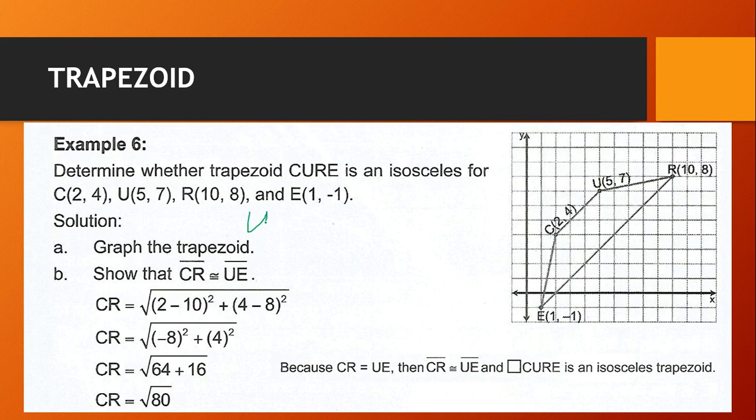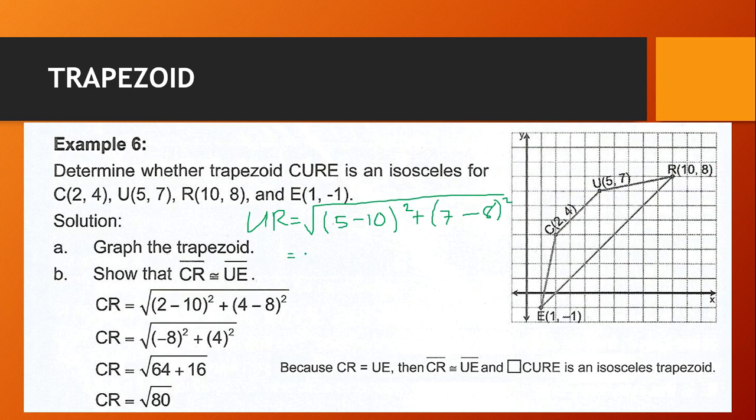So, ang UR equals the square root of 5 minus 10, so these are the x, then plus 7 minus 8 squared. So 5 is the x sub 2, 10 is the x sub 1, 7 is the y sub 2, then 8 is the y sub 1.